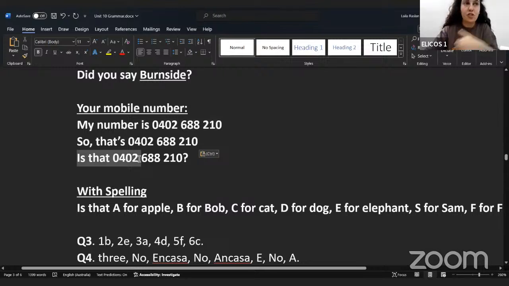And they should stop, because you should say, yep. They'll say 688. You say yes. 210. And then you say yes. So these little pauses give you time to tell the person yes, the first four numbers are correct, the middle numbers are correct, and the last three numbers are correct.